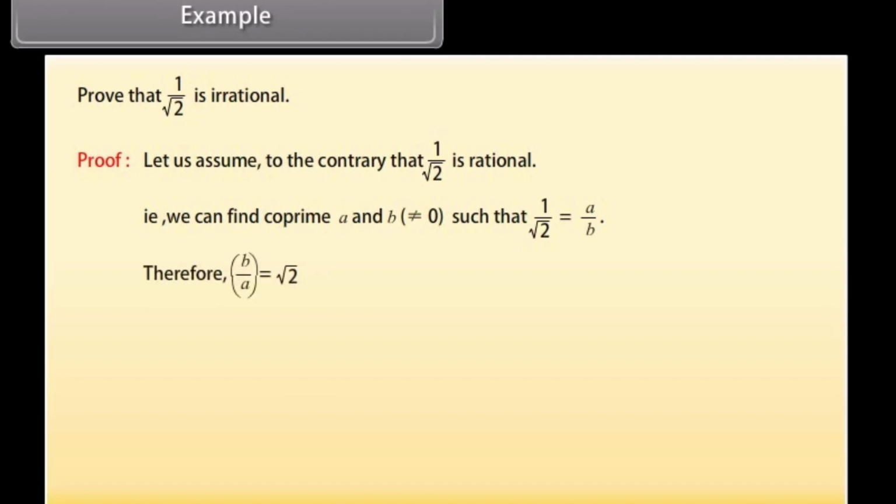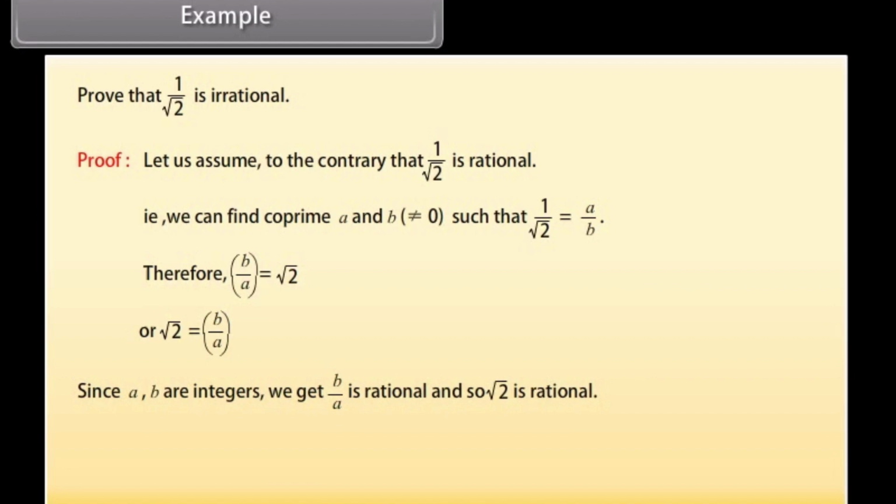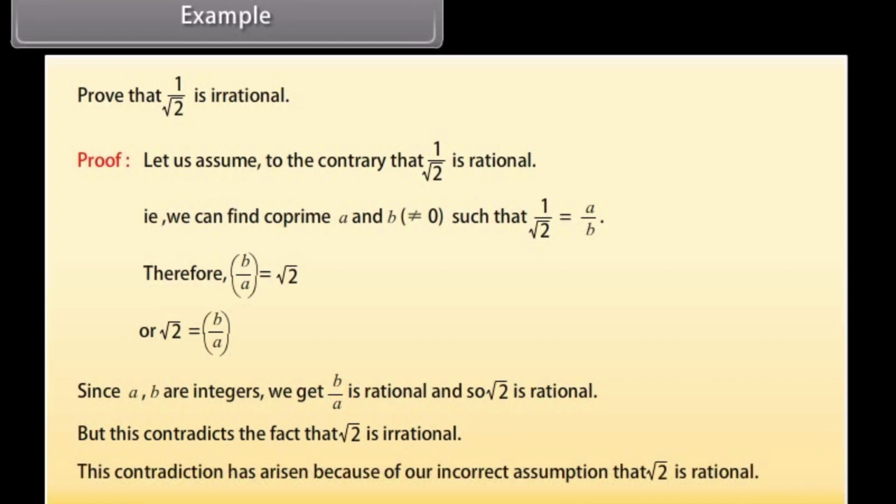Therefore, b upon a is equal to square root 2, or square root 2 is equal to b upon a. Since a and b are integers, b upon a is rational and so square root 2 is rational. But this contradicts the fact that square root 2 is irrational. This contradiction has arisen because of our incorrect assumption that 1 upon square root 2 is rational.